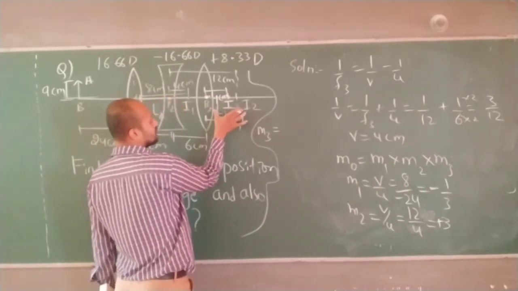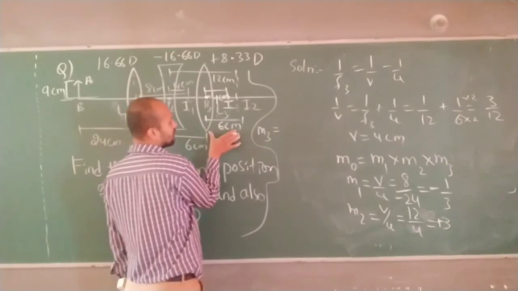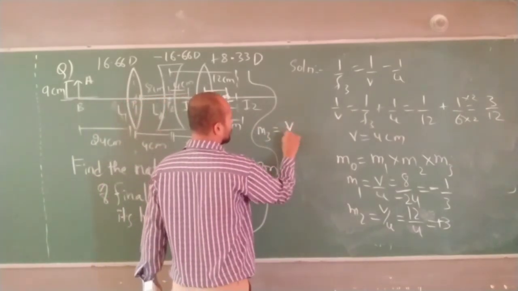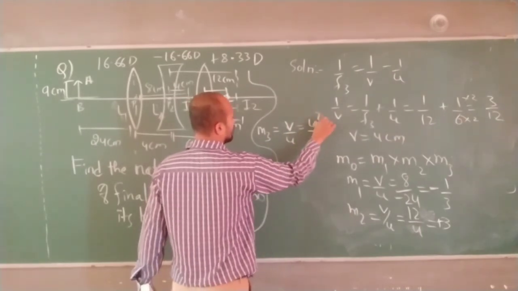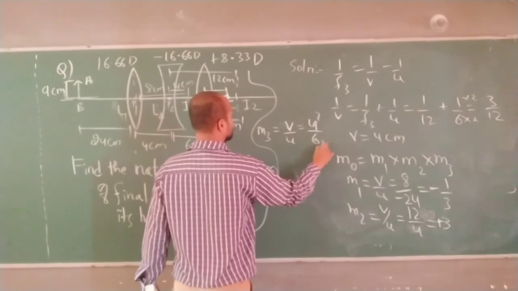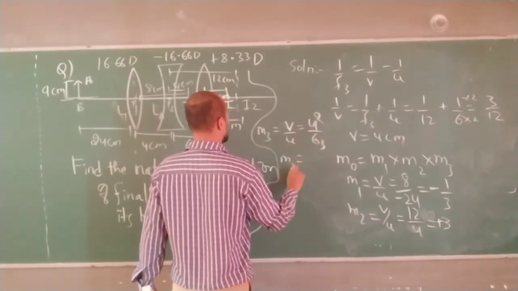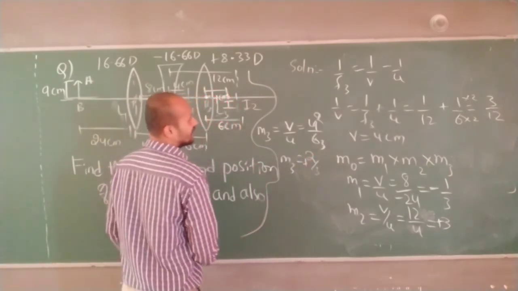I2 is the object and the final image is I. Object distance is 6 centimeter, image distance is 4. So V by U tells you 4 divided by 6, which is 2 by 3. So M3 is equal to plus 2 by 3. What is the overall magnification then?